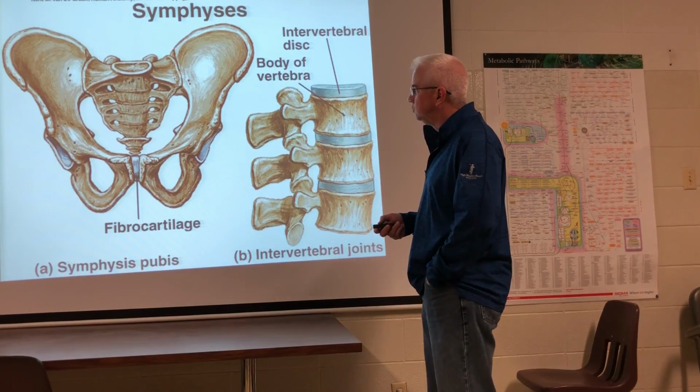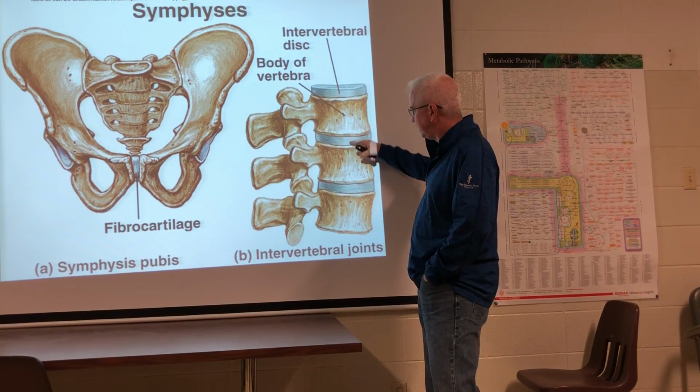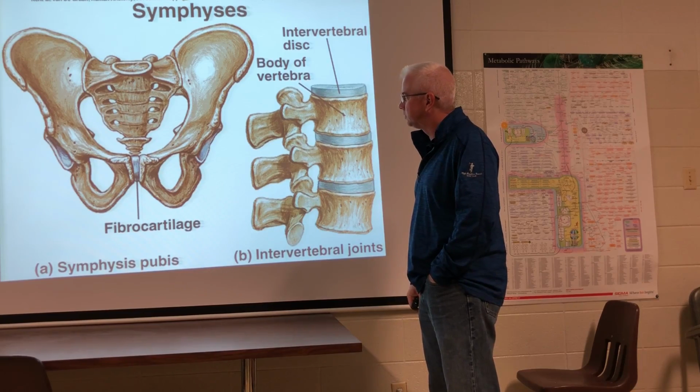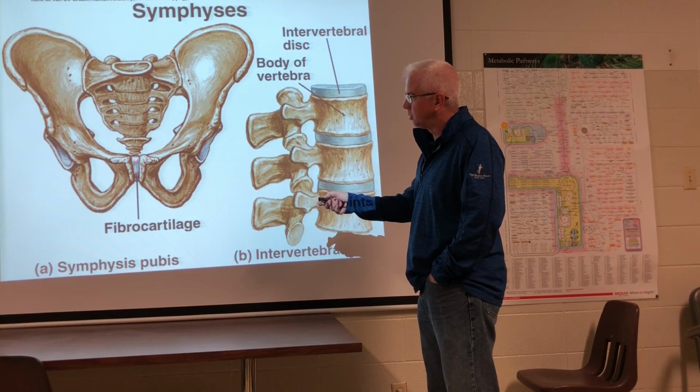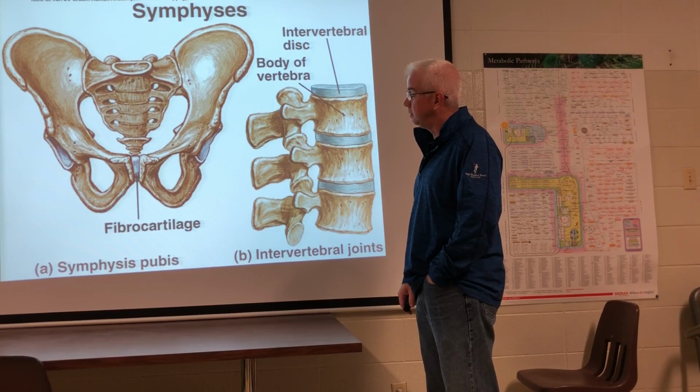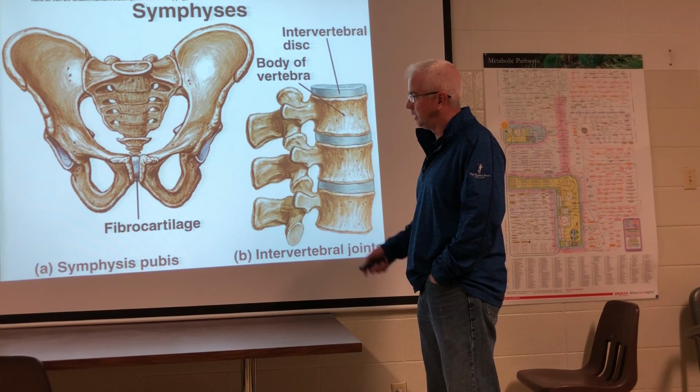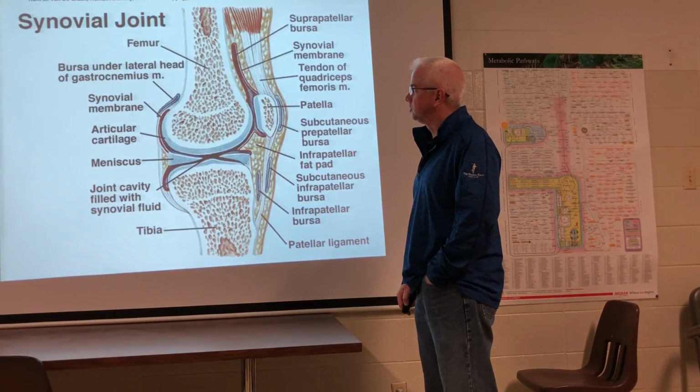These are the symphysis joints, the fibrocartilage pads between the bones of the vertebral column and the fibrocartilage between the bones of the hip. The pubic bones articulate here with fibrocartilage.